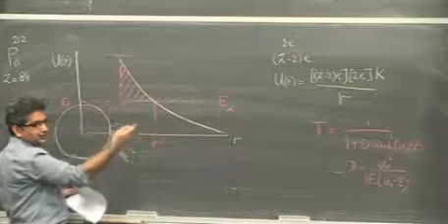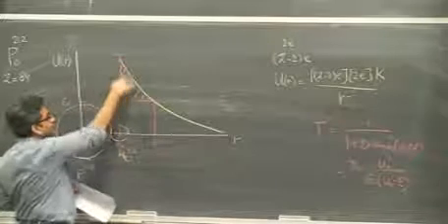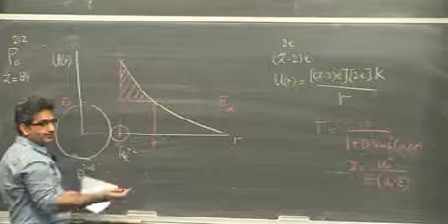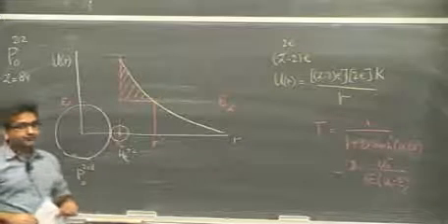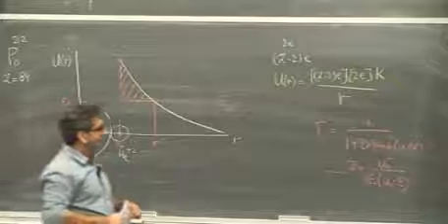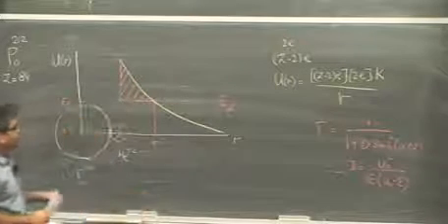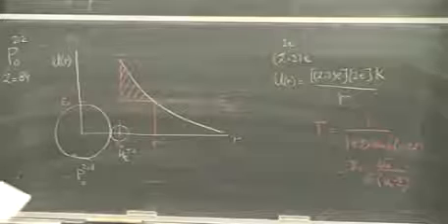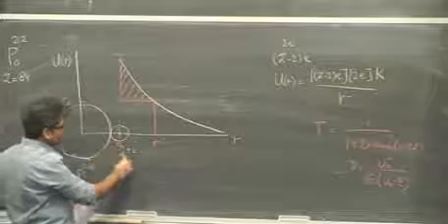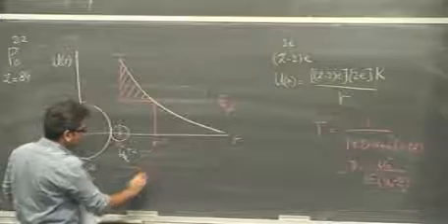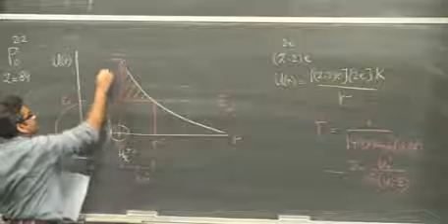Now it becomes kind of a barrier problem like we found last time, but this time, the barrier is not rectangular. T is the transmission coefficient. So what we need is to first calculate these. We need to calculate this width of the barrier delta r and this height.